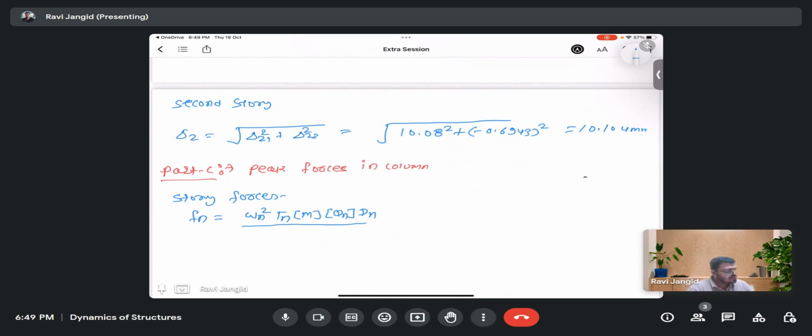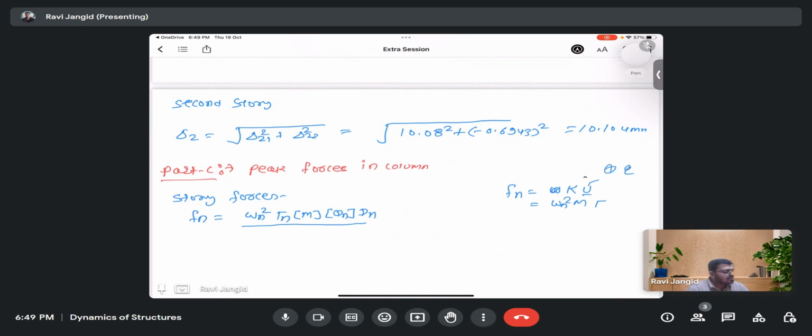This is simply your F1 equal to k times u. You can write k as omega n square times m, and you can write u as gamma times phi times q.